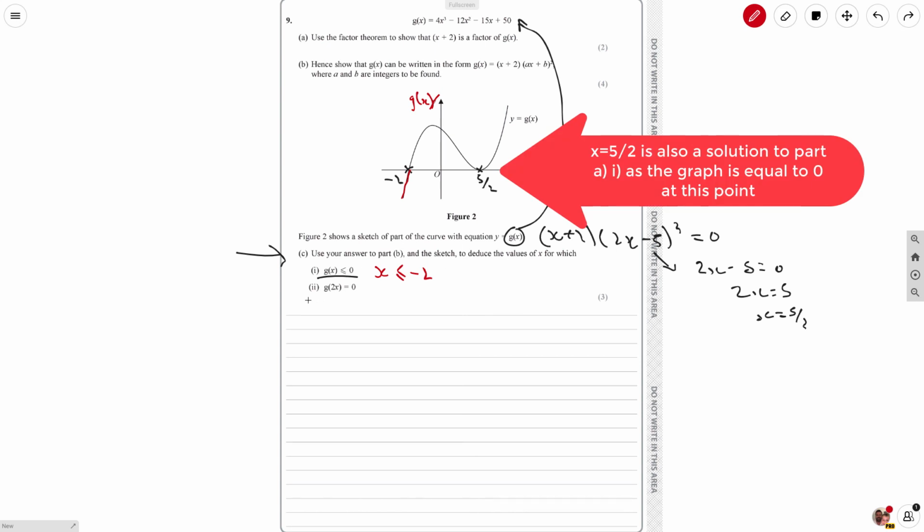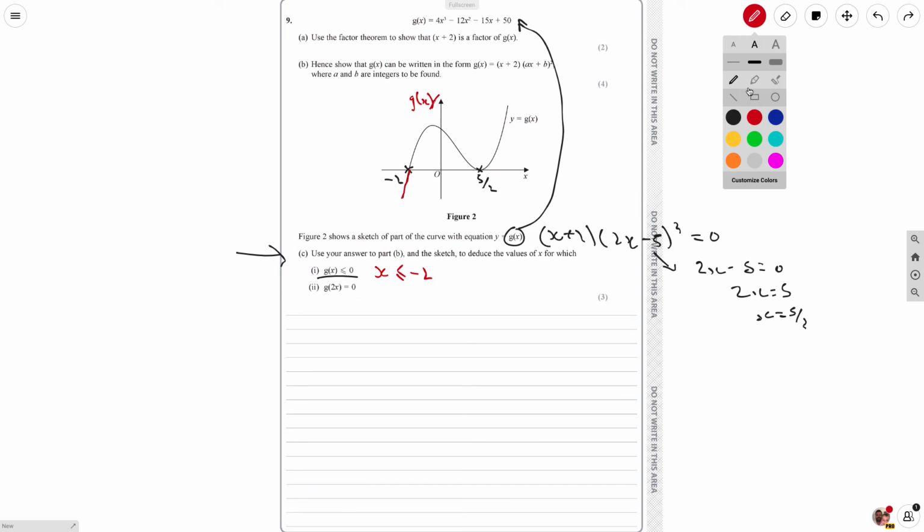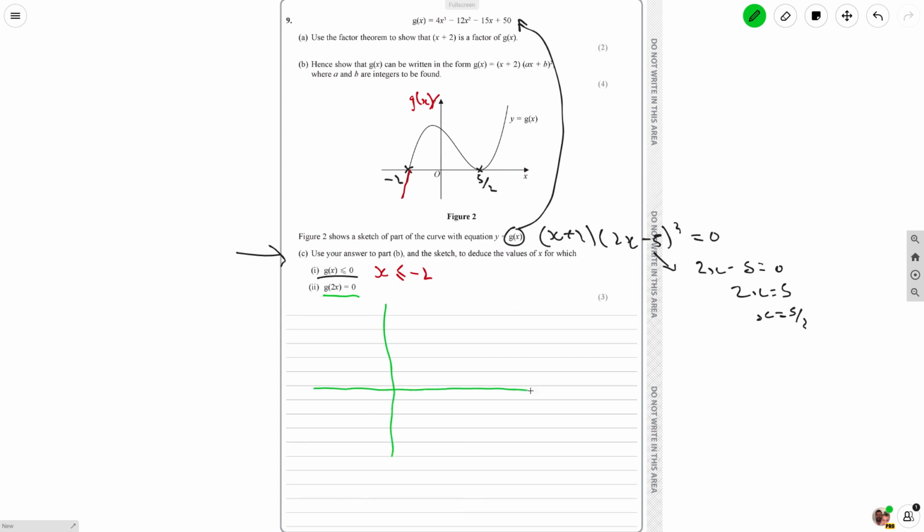Now the second part, part II, let's do a different colour for that one. This is asking for when this is equal to 0, but it's a slightly different function. This is a graph transformation. If I was going to sketch this graph transformation, I would basically draw exactly the same graph, but then just put different values on it.